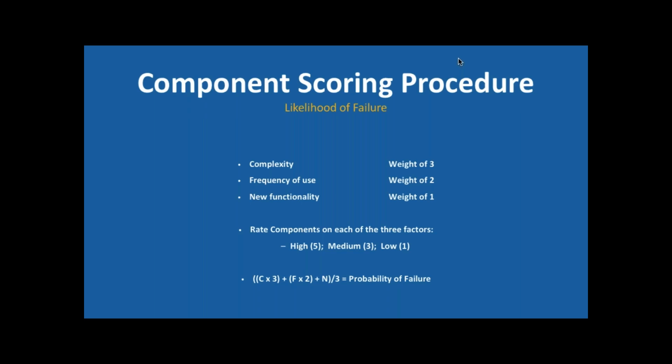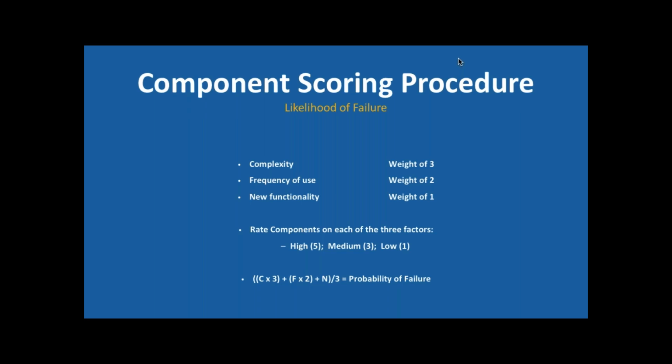So down at the bottom, once we've scored some functionality on each of these different factors, we would then use the formula where we would take whatever score, 5, 3, or 1, times the weight of 3. And again, I'm going to show you an example in just a moment.